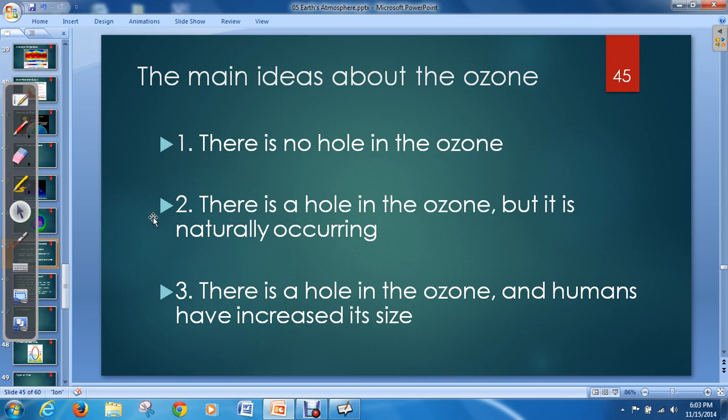A lot of people think that it's just a cyclic process that happens over many, many years, where this hole is created, then regenerates, and then is recreated, then depleted, and they just go through this process over many years. There's some evidence for this. Some people think that there is a hole in the ozone, and humans are mostly responsible for it. So these are the two big ones. Is the ozone hole naturally occurring, or is it a human caused thing?